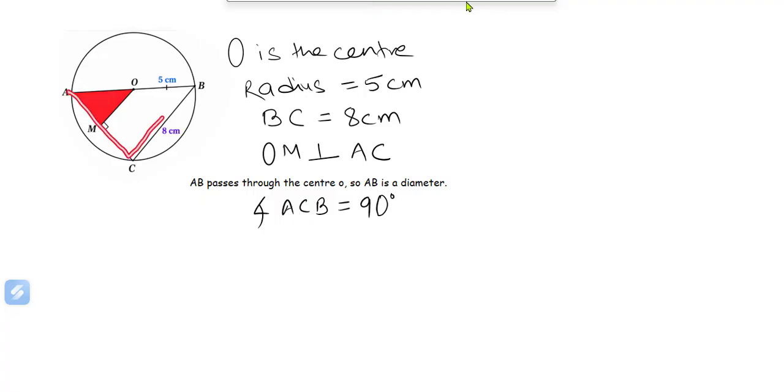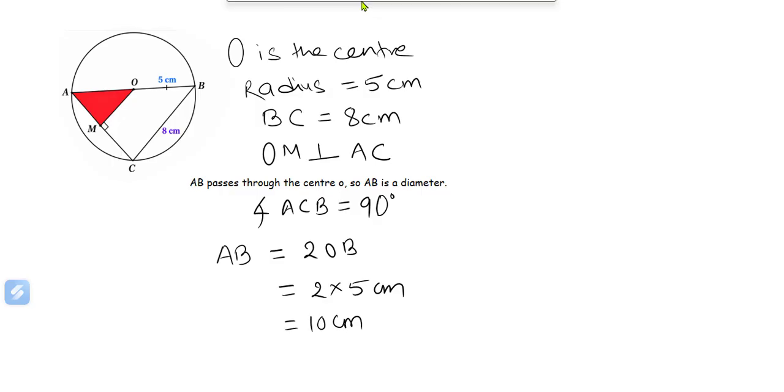Radius is 5 centimeter, which means the diameter, AB, is twice the radius, 2 times 5 centimeter, which is equal to 10 centimeter.